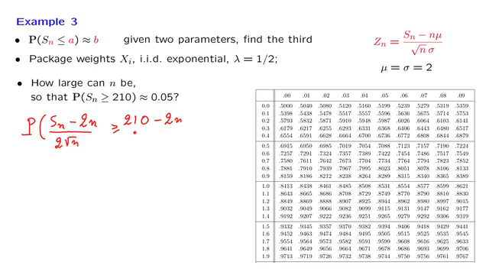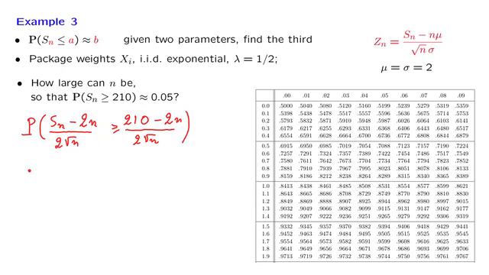So we divide both sides of the inequality by this number. Once more, this event here is identical to the original event, but now it is expressed in terms of the standardized version of Sn. This is a random variable that's approximately a standard normal.